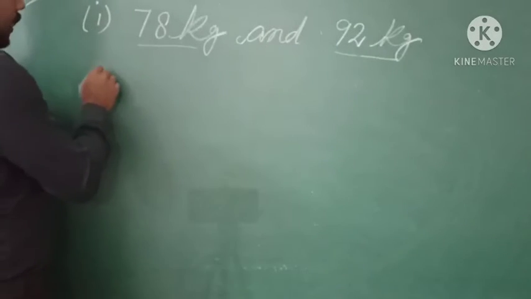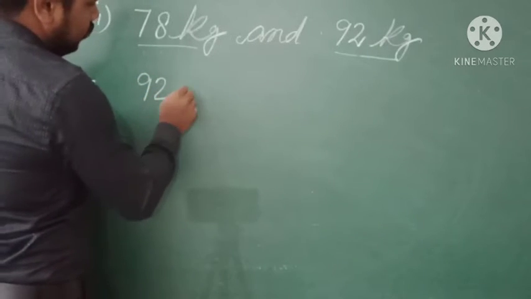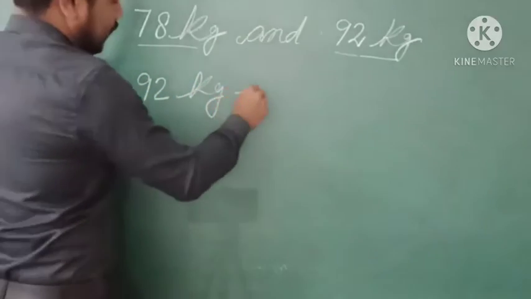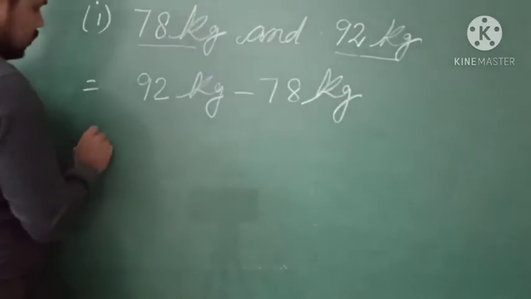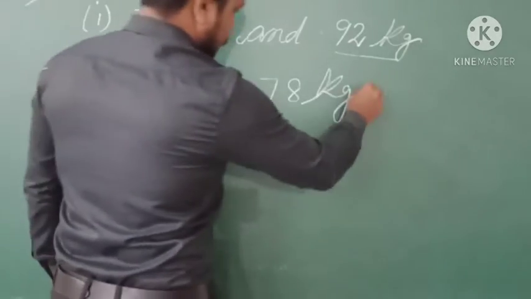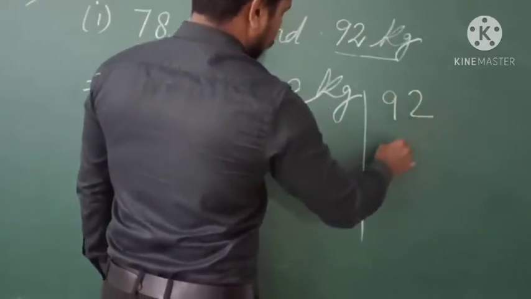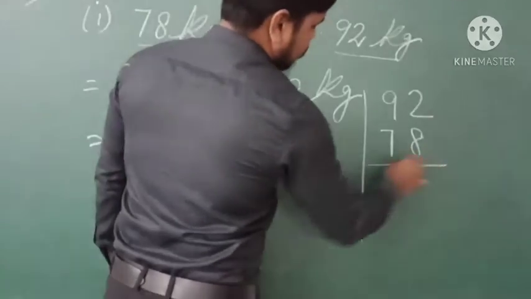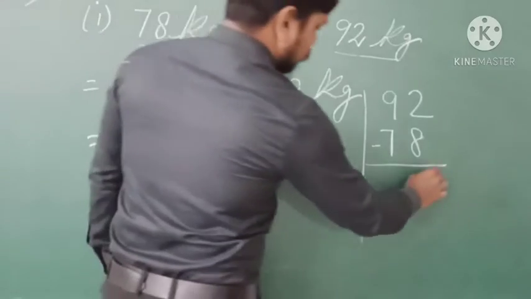So here let us write like this. 92 kilogram minus 78 kilogram is equal to how much? We'll check here in the rough work. So 92 minus 78. 8 plus 4 is 12, so 4.